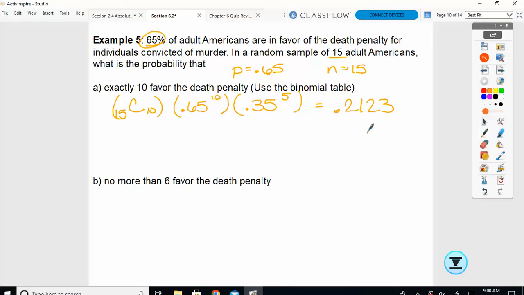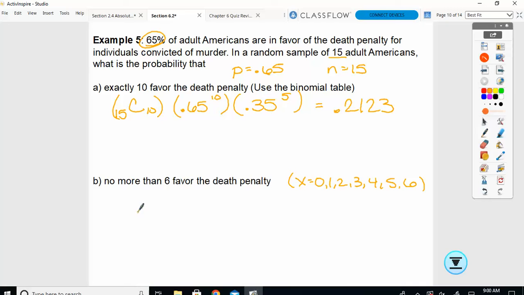So we have to add up all of those values from our table. Okay, so you're going to your 0.65, your n equals 15. And we see at 0 and 1, it has the 0, 0, 0 plus. That means it's a small positive number.